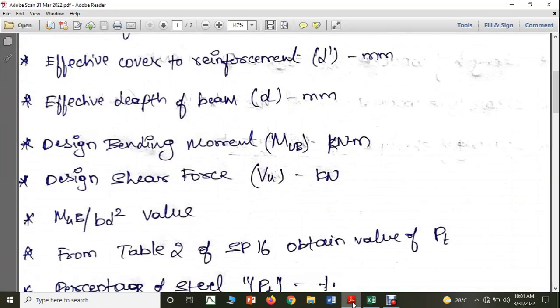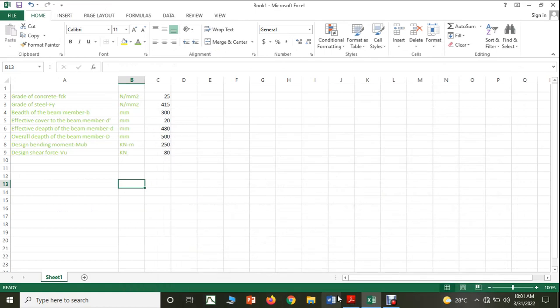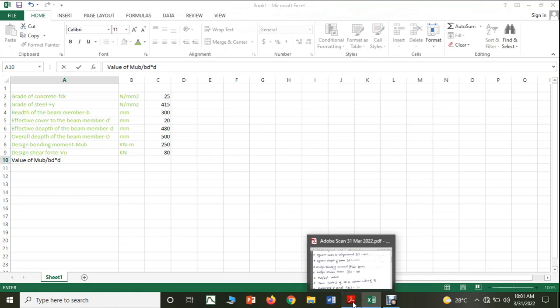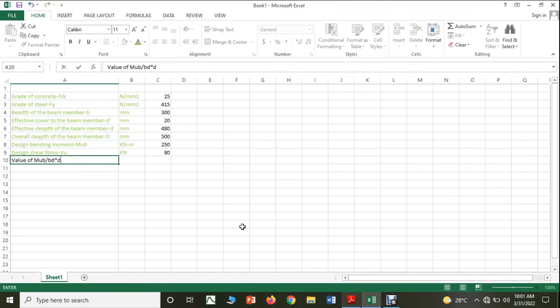Then next you want to find out the value of MUB by BD square, that is MUB by B into D squared.